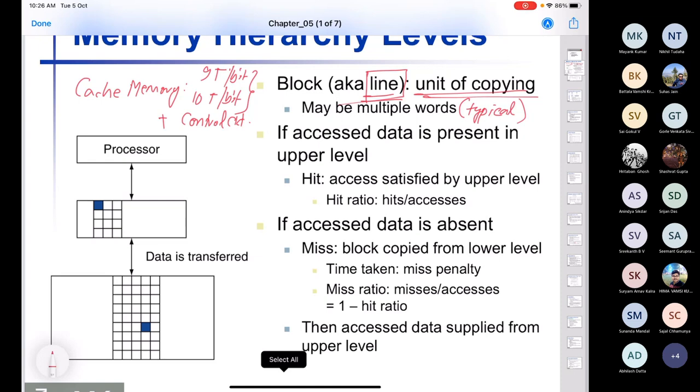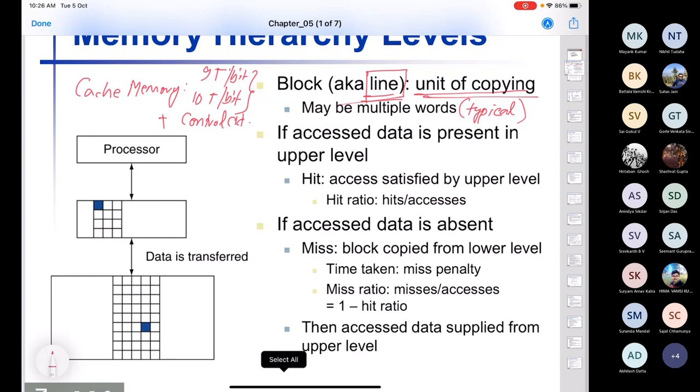Unfortunately, as we will also see in this chapter, that cannot happen in any real computer because of several types of constraints on the size of the cache memory, the way the computer works, etc. It is not possible to have everything that you need for a program, all the code and all the data, inside the cache memory. That is not possible. But it is good if we have it.